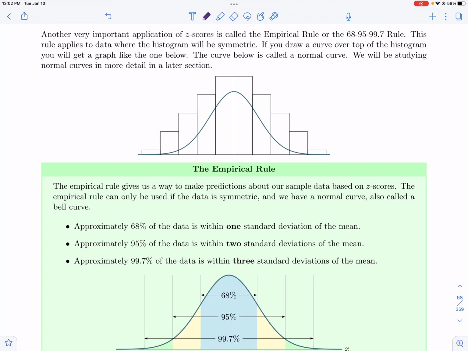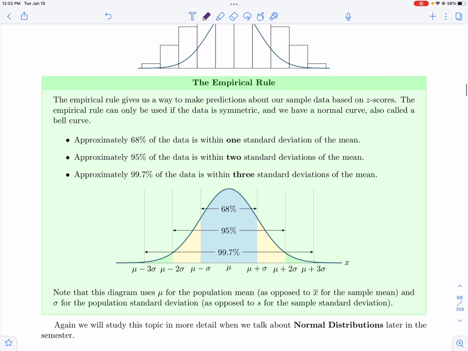There's this nice rule called the empirical rule, or the 68, 95, 99.7 rule, which gives us a way to break down a normal curve in terms of its standard deviations and talk about what percentage of values live between certain sets of data.